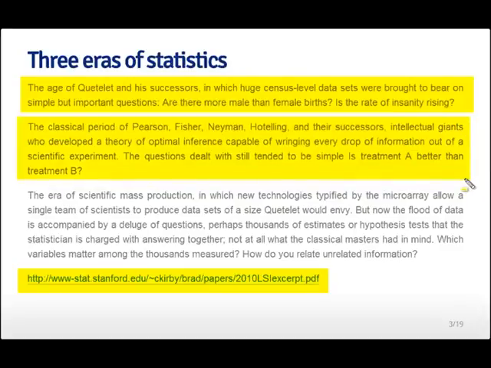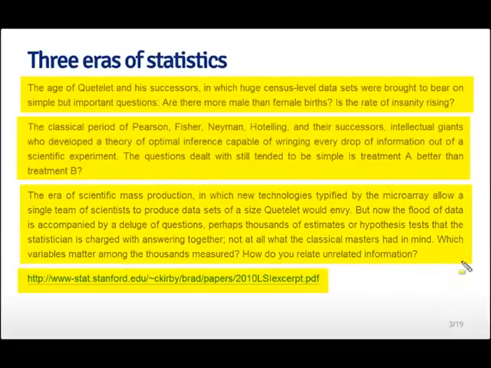This is back when data was very expensive or difficult to collect. The third era, the era that we're in now, is the era of scientific mass production, when data is cheap and easy to collect. But this also means that we're performing more and more analyses. And if we don't correct for the fact that all of these analyses are performed, and we're allowing for a small amount of error in each analysis, those errors can pile up.